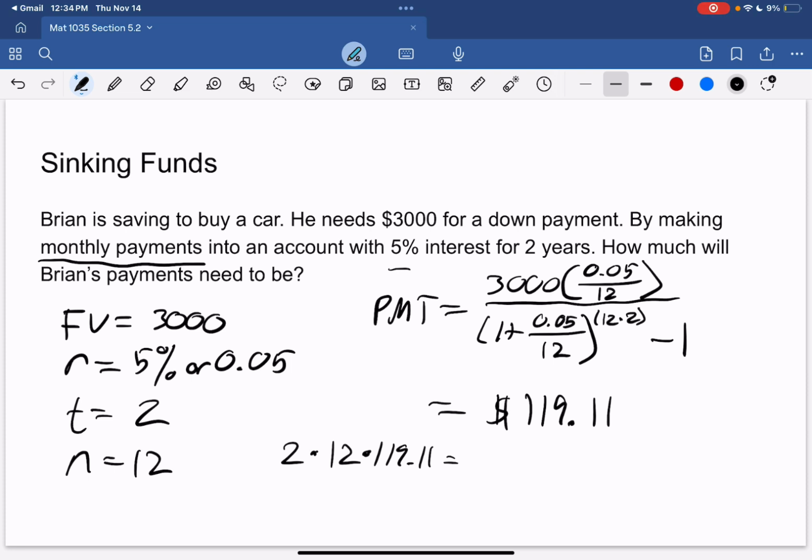So 2 times 12 times 119.11 gets me to $2,858.64. So that answer is a little bit off as far as the size of payments we're going to make, but that also comes into play because of when the payments are made. But our answer does make sense.